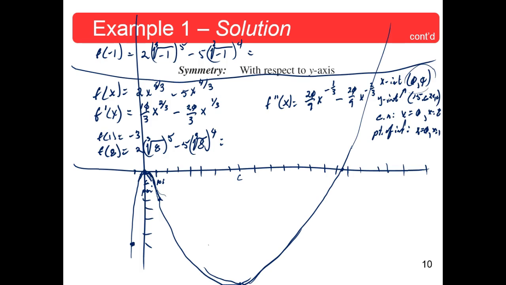And this would be, cube root of 8 is 2, 2 squared would be 4, and that would be 5 ninths. So it would be 10 ninths minus 5 ninths. So yeah, your second derivative is positive there, and it's positive forever. Okay. So, yeah, concave up from there.